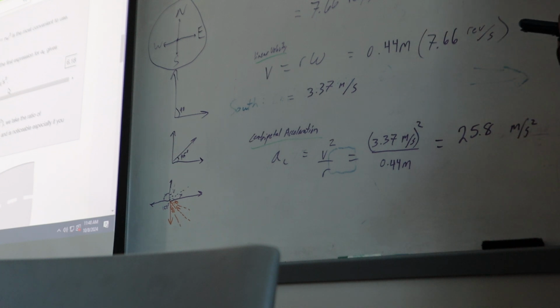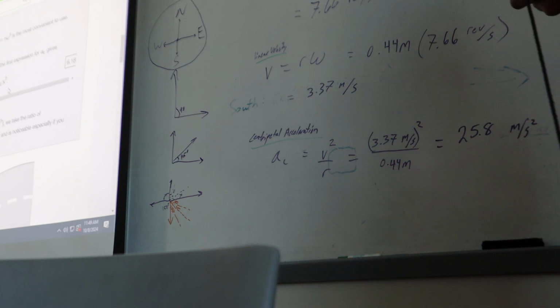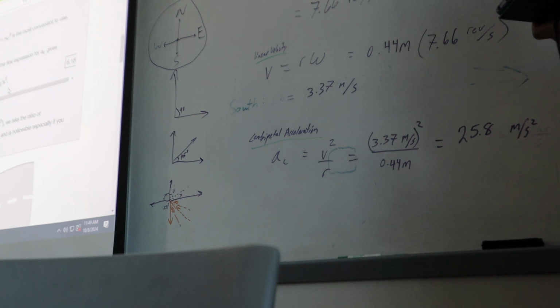And then you said the centripetal acceleration, that is the force inward. Mm-hmm. Which means that it's also the centrifugal force. So like I was saying, centripetal acceleration wants to pull you in.